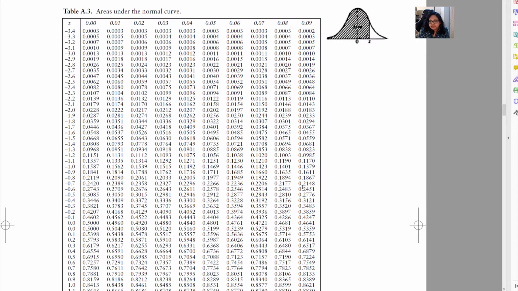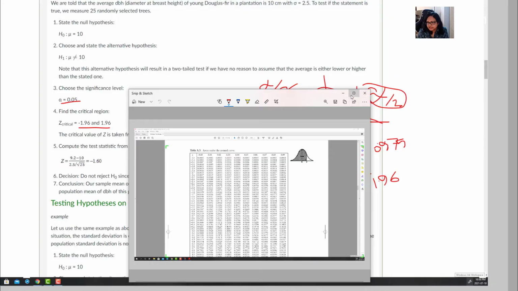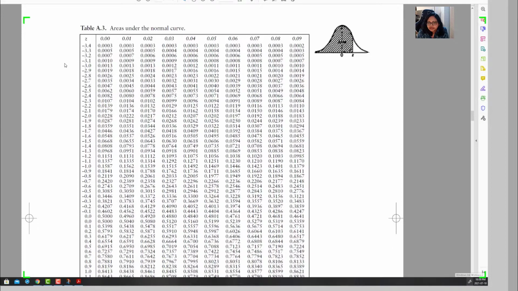So you can see that I opened the Z table. In the Z table, I want to find the critical value for 0.025 and 0.975. Let's draw that in here, and then if I try to find that 0.025, you will see 0.025, we exactly found that.